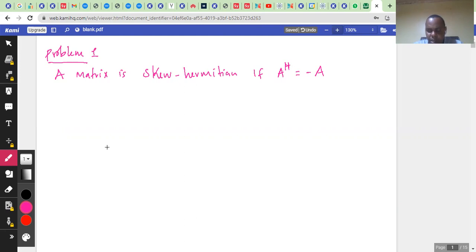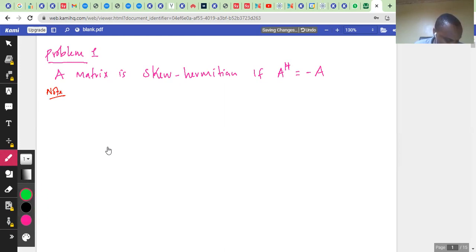What is a Hermitian matrix? Even without this skew? Oh, you're talking about this skew. Yeah, just Hermitian. So we can write a note.